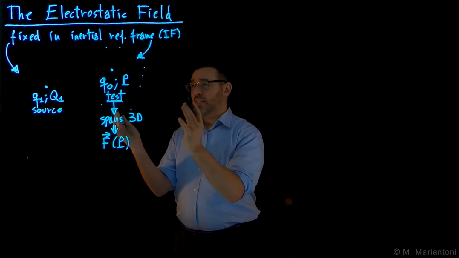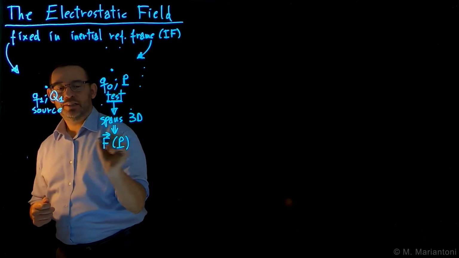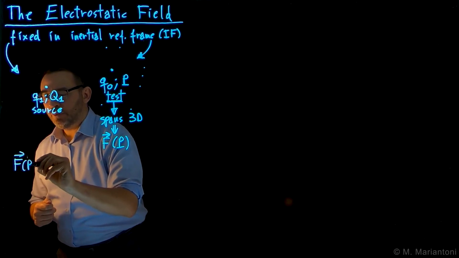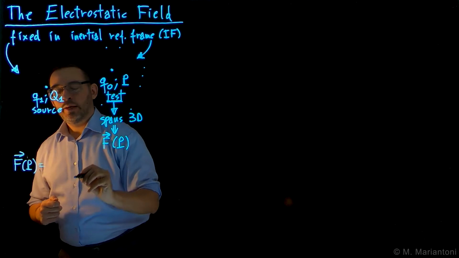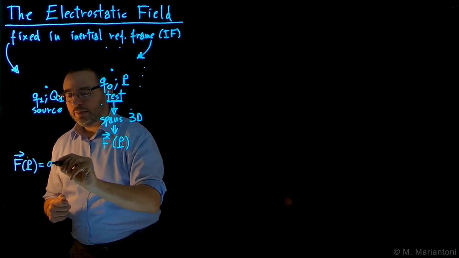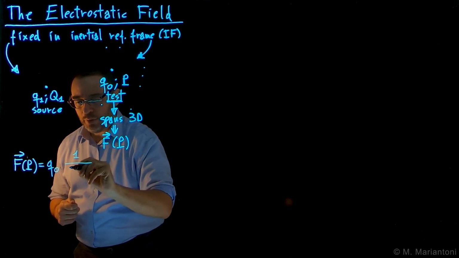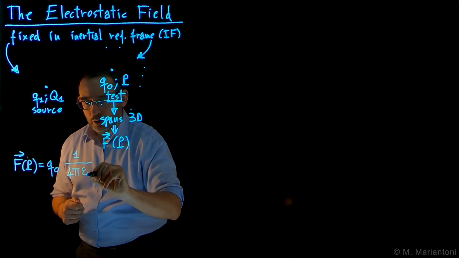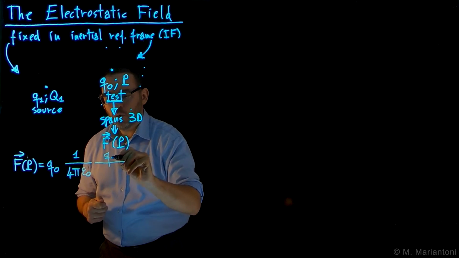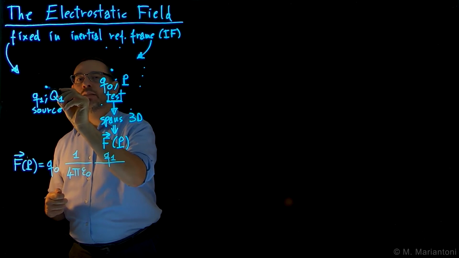Now in this case, where everything is fixed and simple, we can use Coulomb's law. From Coulomb's law, we know that this force F at point capital P, the point of the test charge, is given by Q0, which is the test charge, times 1 divided by 4 pi epsilon naught, times Q1 divided by the distance between these two particles.